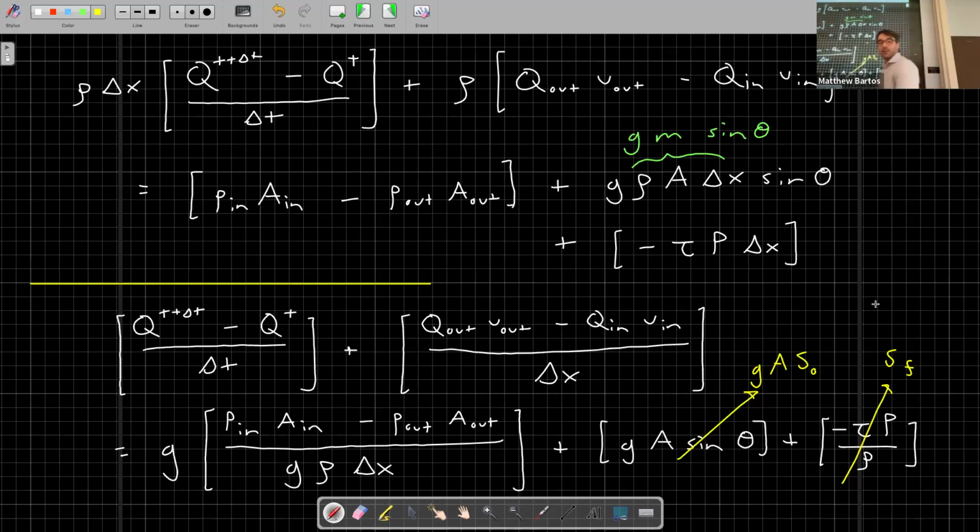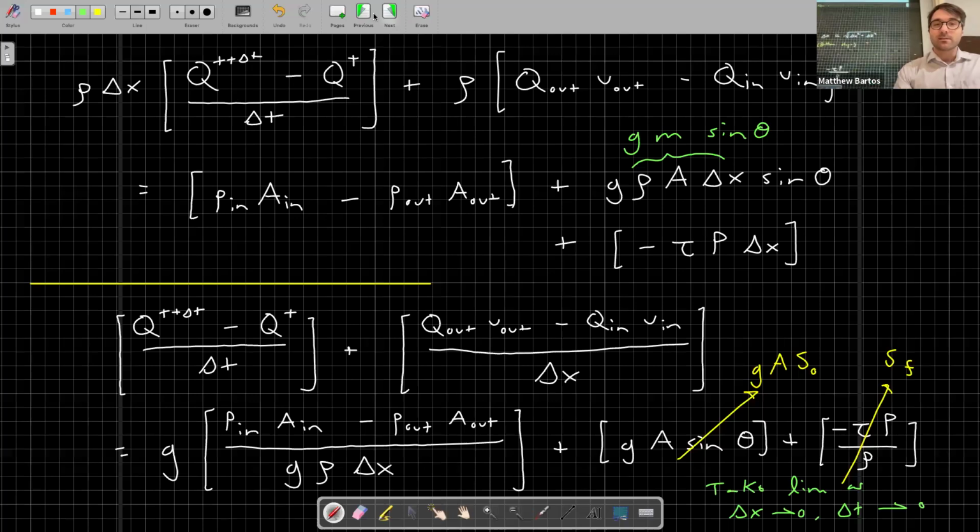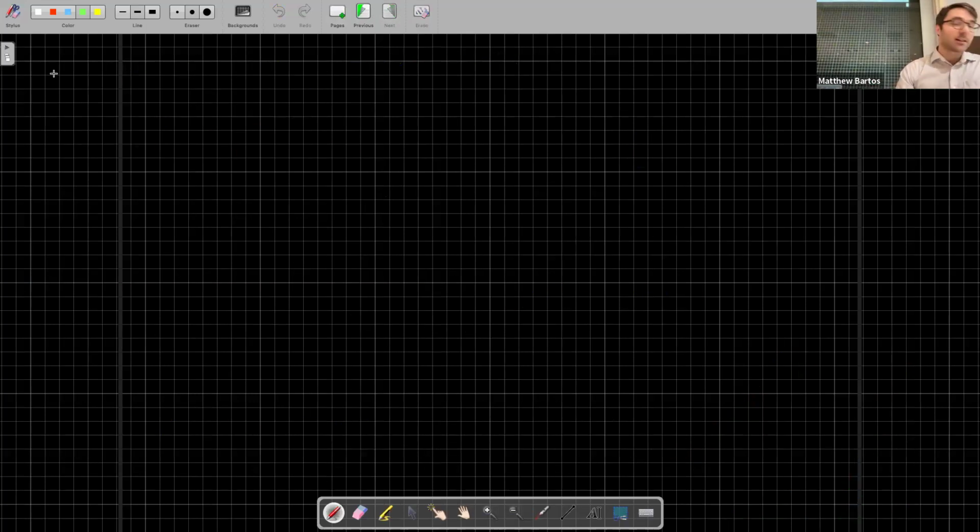If we take this equation and, just like before, take the limit as delta t goes to 0 and as delta x goes to 0, what we'll get is the following, and this is the general form of the conservation of momentum equation.